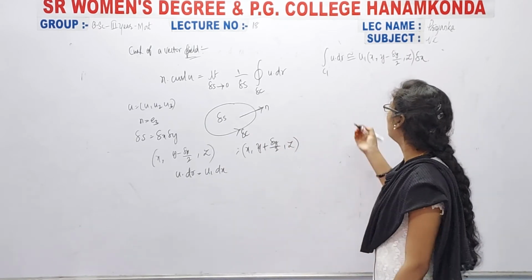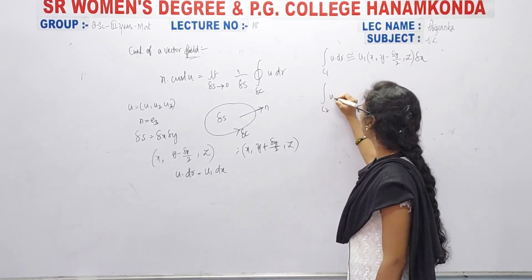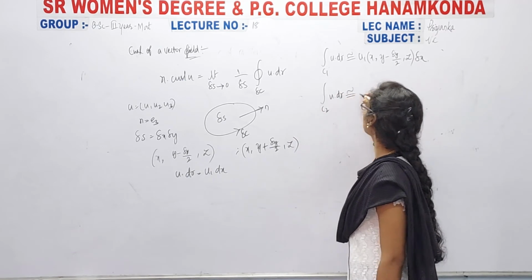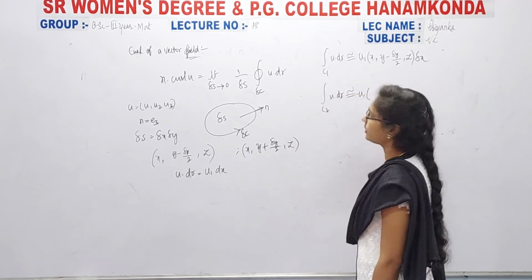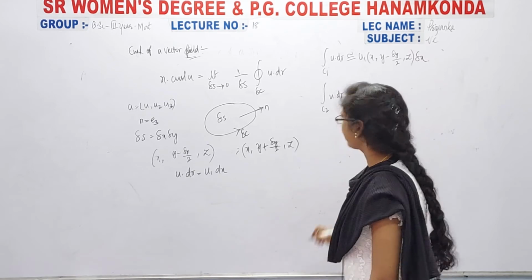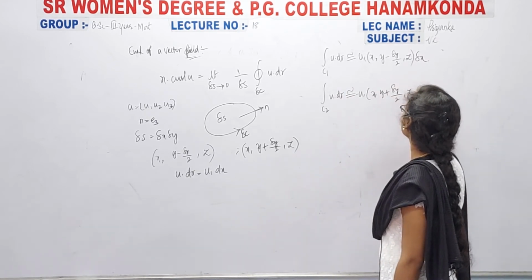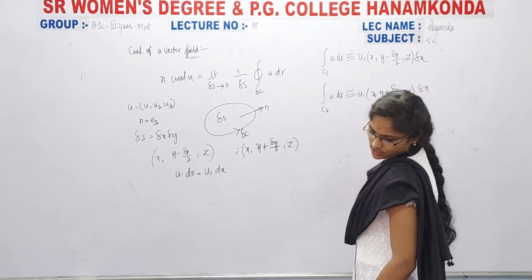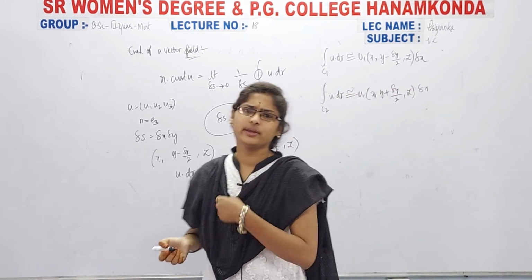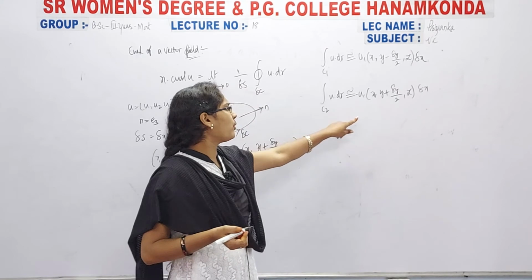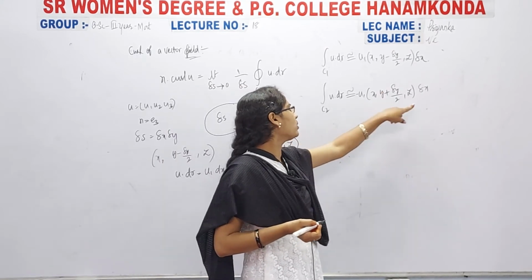Therefore the integral over C2 of u dot dr is approximately equal to minus u1 of x comma y plus delta y by 2 comma z, times delta x. Why are we taking only delta x?